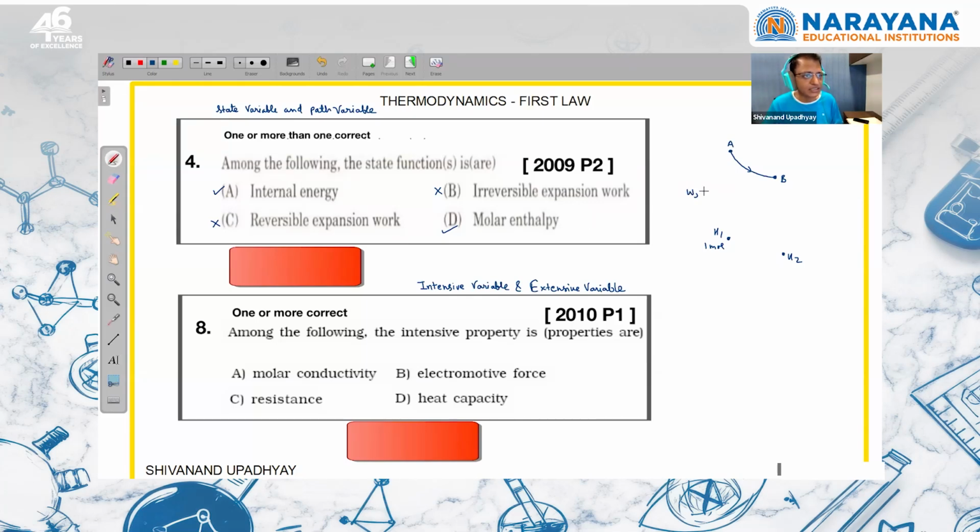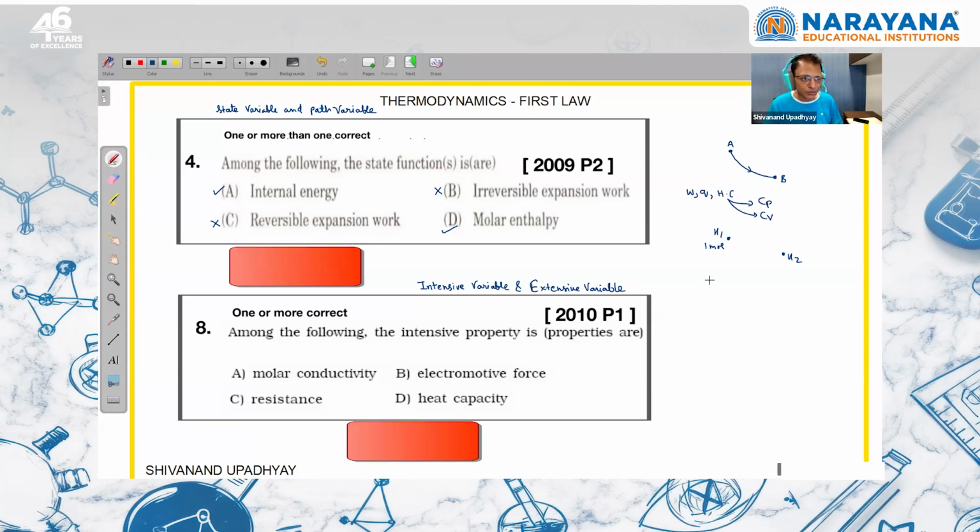The one is work, other is heat energy exchanged between system and surrounding, and the other is heat capacity. Because we are saying that heat capacity at constant pressure will be different from heat capacity at constant volume. So if the path is such that the pressure is constant, heat capacity will be Cp. If volume is constant, then heat capacity will be Cv.